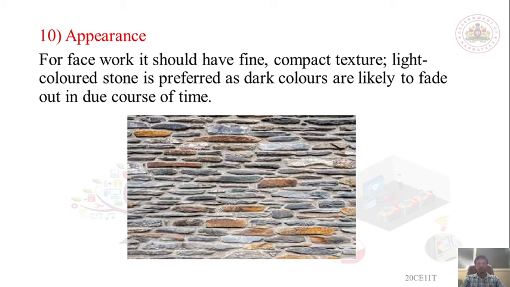The stone should have a fine compact texture, so that there is no disintegration of the stones. Stone appearance is very much essential when it comes to face works like masonry works. You need to give a good appearance to the structure.